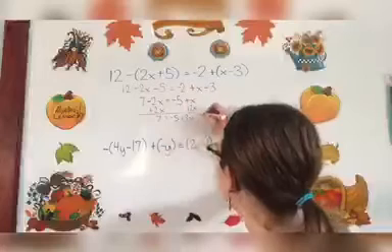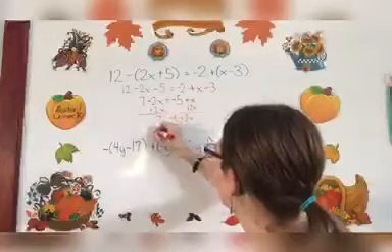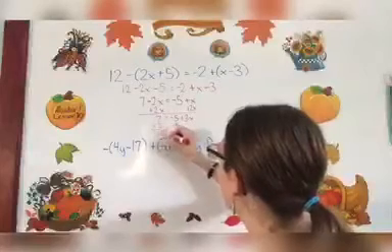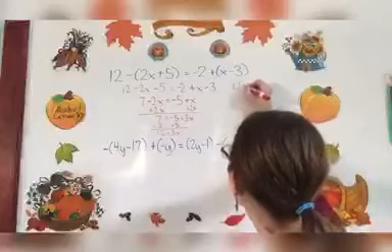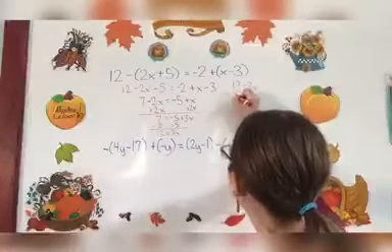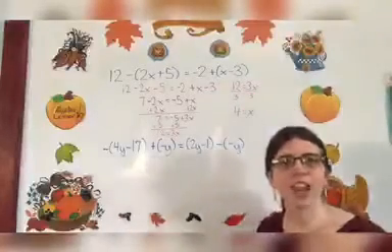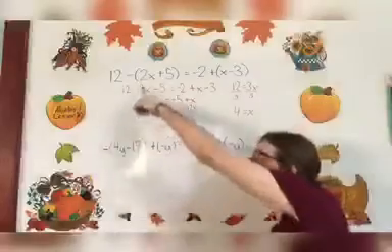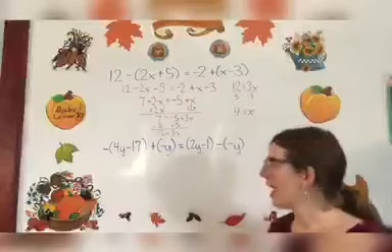I'm going to add 5 to both sides to cancel out my negative 5. And that gives me 12 equals 3x. Put that up here so I can finish up my problem. 12 equals 3x, divide by 3. 4 equals x. So then I would put 4 back in place of x up here in order to check it. All right, one more before we do your practice.